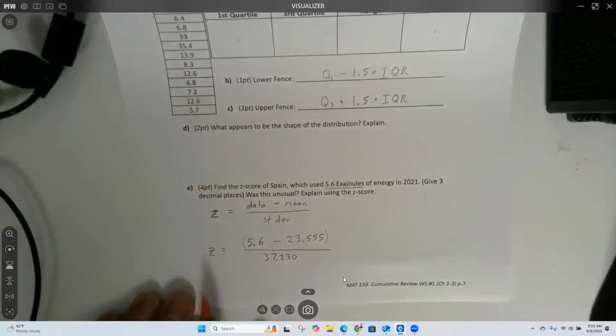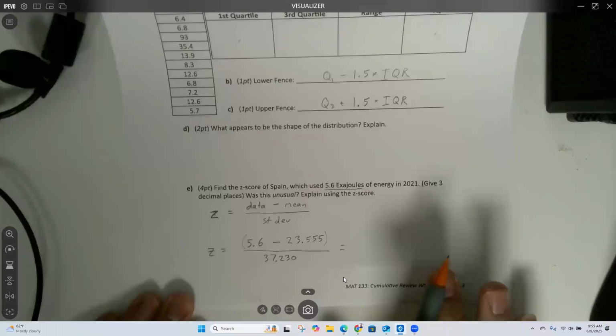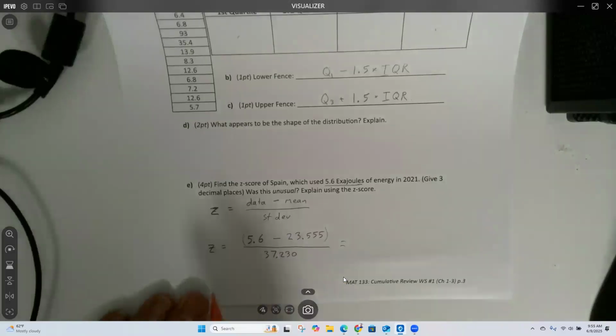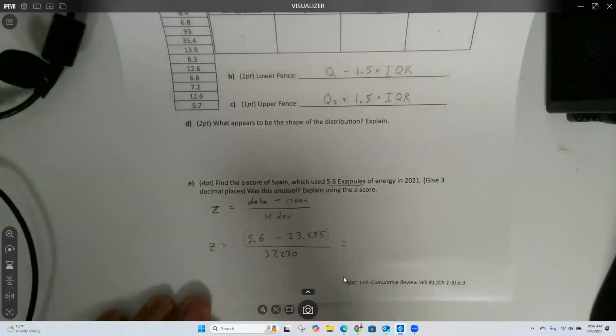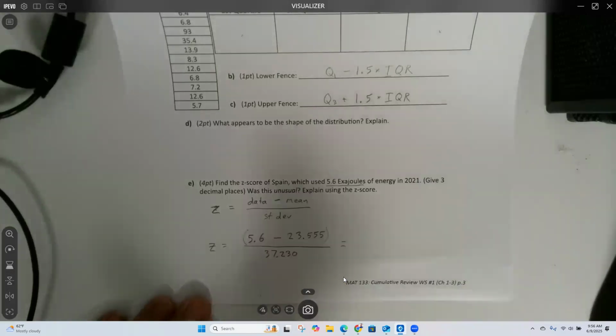So this is going to give you a negative number, which is fine. You can think of a z-score. A z-score is taking your data and breaking it up into standard deviations. Just like how percentiles take your data and break it up into 100 pieces, 100 buckets, you can think of quartiles taking your data and breaking it up into 4 pieces.